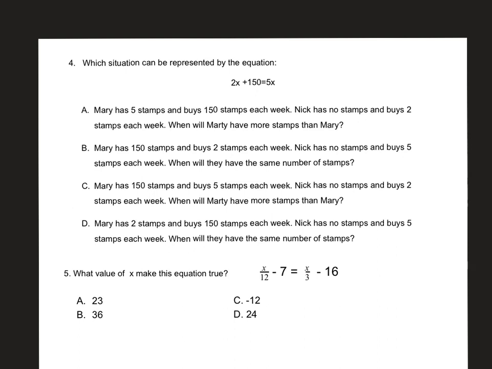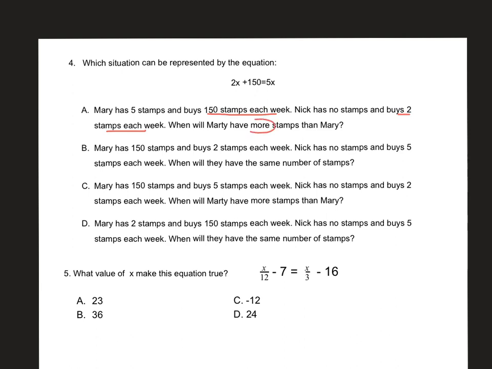Sometimes the best way to answer these problems is to go through each one and actually write your equation for each one. So here it says Mary has 5 stamps and buys 150 each week. Nick has no stamps, so 0 stamps, but buys 2 stamps each week. When will Nick have more stamps than Mary?